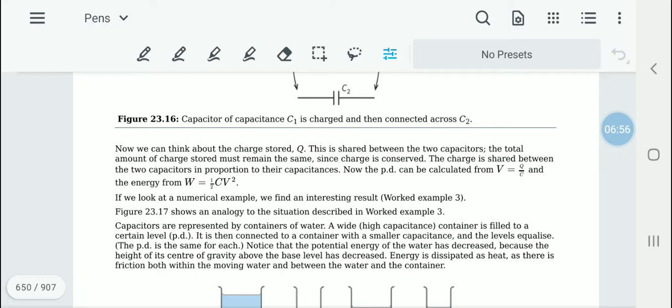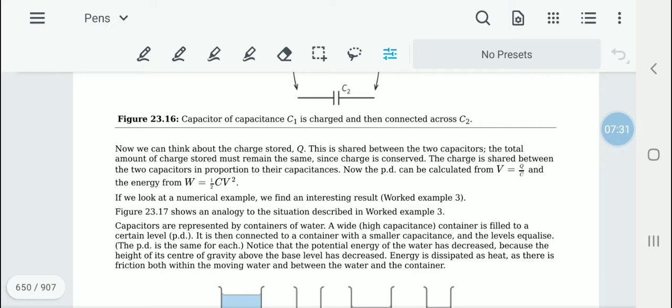So the total amount of charge should remain the same because the charge is conserved. The two capacitors are going to share their charge, but that will depend on their capacitances. So we get the PD V equals Q upon C, and we have an equation for energy, W equals a half CV squared.